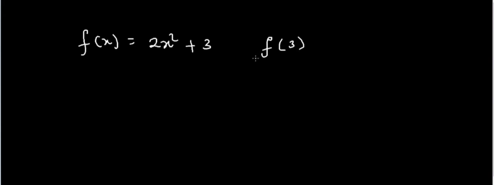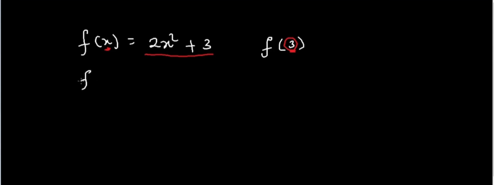Very simple. You can see carefully that this x and this 3 are occupying the same position, right? That means wherever I see x in the given expression, I will replace it with this 3. So let's quickly do that.